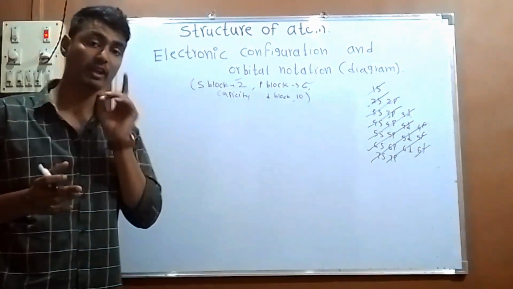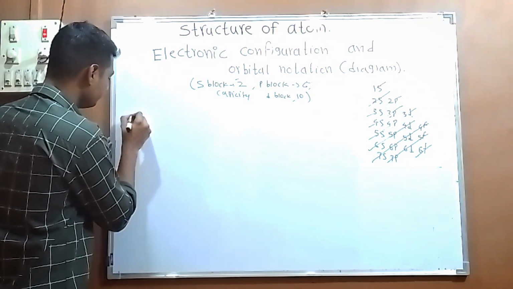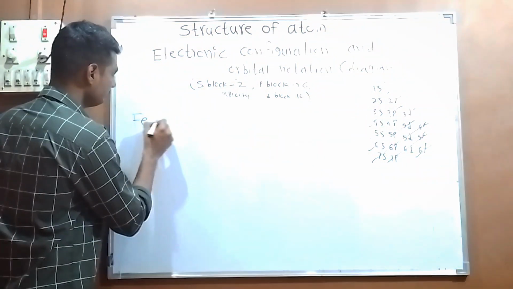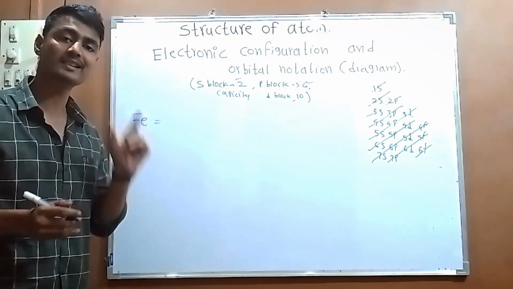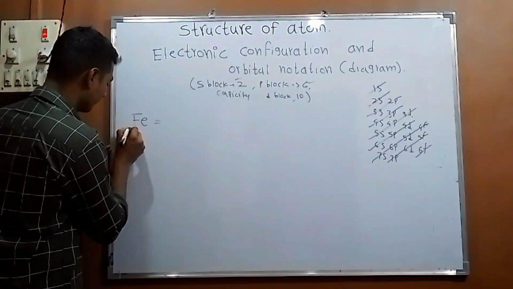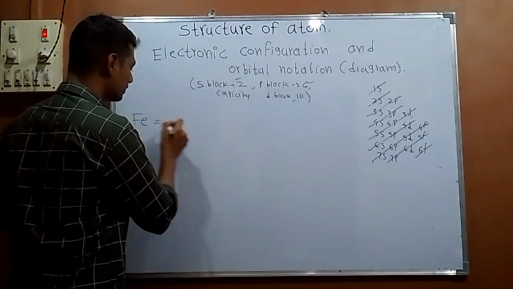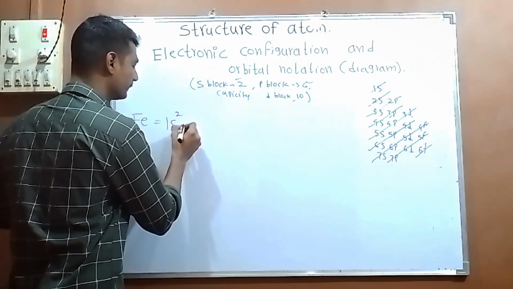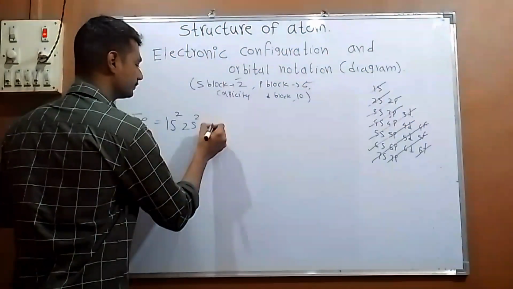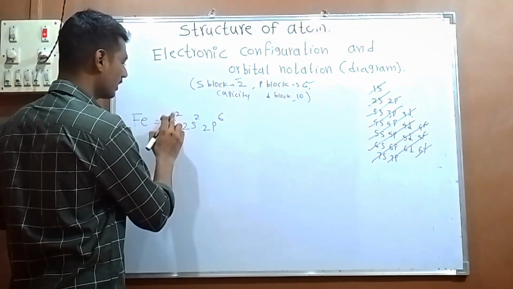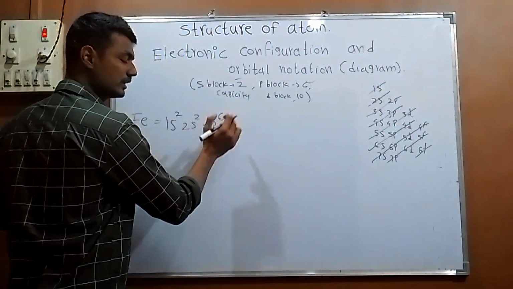Let's write the example of Fe. As we all know, iron's atomic number is 26. So its electronic configuration will be 1s2, then 2s2, 2p6. 2 plus 2 is 4, 4 plus 6 is 10.